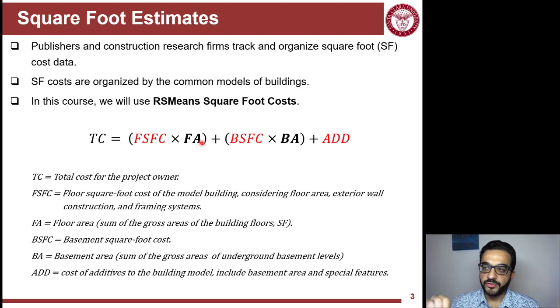You multiply this by the floor square foot cost, how much every one of these floor square feet will cost you from the data we have. A similar thing will be done for the basement. Then you adjust the costs by adding any additives or additions that were not part of the standard models for the square foot cost rates that you use.